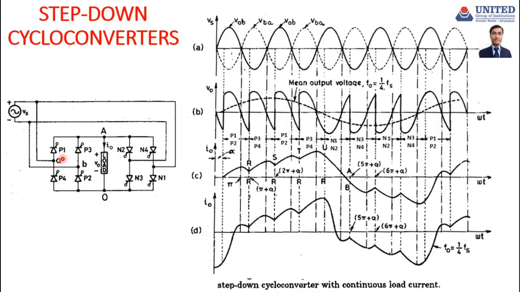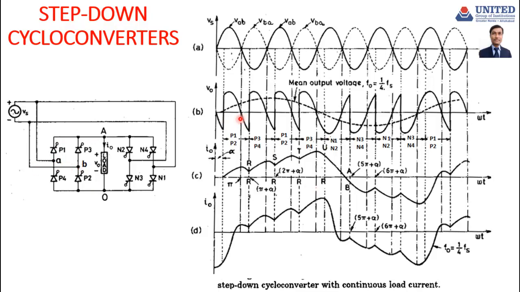When a triggering pulse is applied to thyristors P1 and P2 at omega t equal to alpha, then P1, P2 will turn on, and current starts flowing through the path a, P1, load, P2, b.